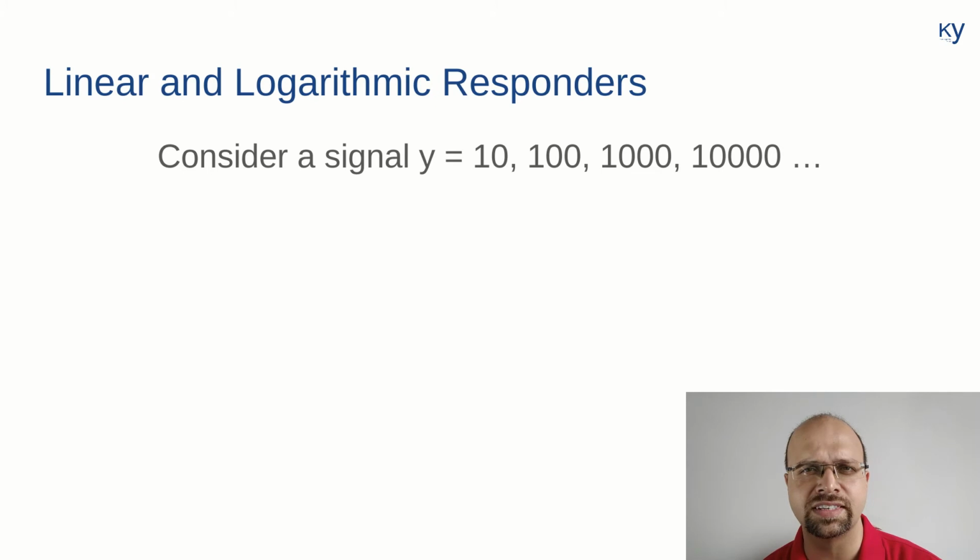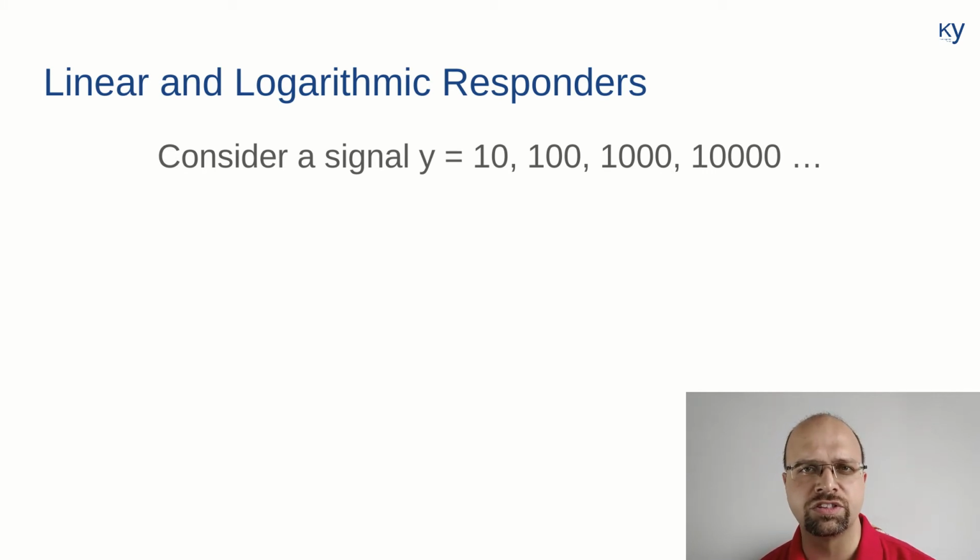Now what is that signal? It doesn't matter. It could be the amount of light something is receiving. It could be the amount of current in a circuit. It could be the amount of heat generated by an engine. It could be the amount of force generated by a human being pushing another human being. Doesn't matter. Just some signal. It is measured in some units, and we have 10 units, 100 units, 1000 units, etc.